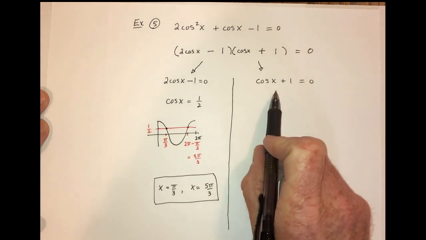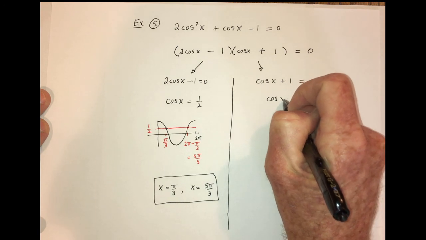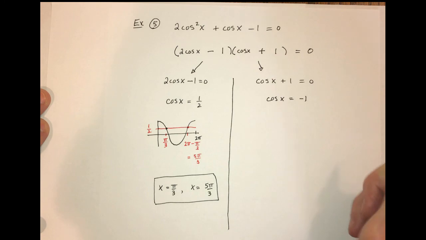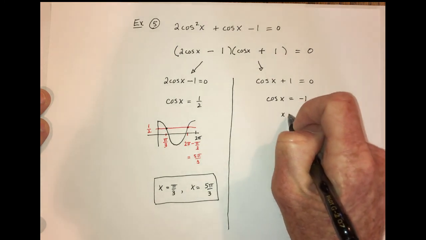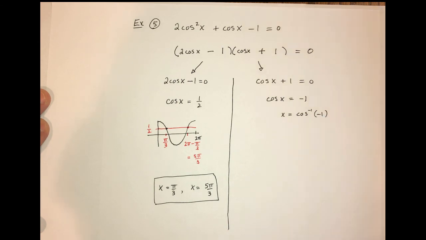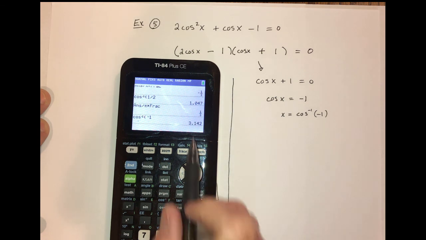And now onto this one. So subtract 1 from both sides. Cosine of x is equal to -1. And then you could do cosine inverse. So cosine inverse of -1. Oh, I recognize that.